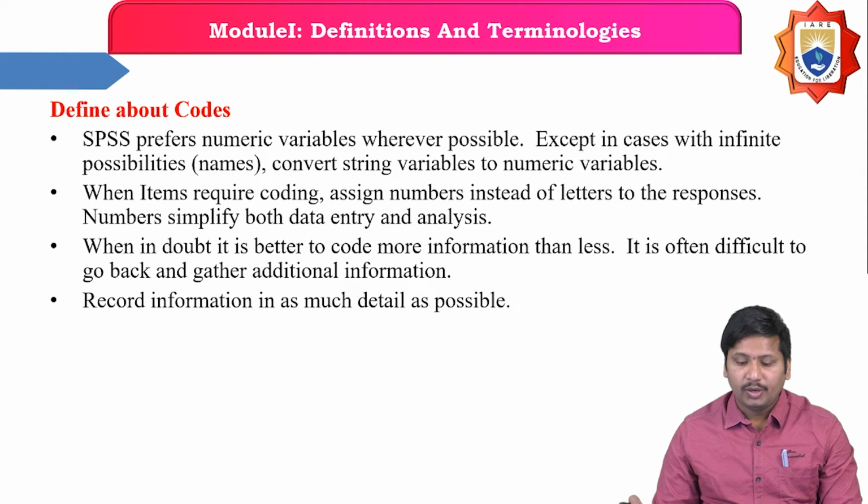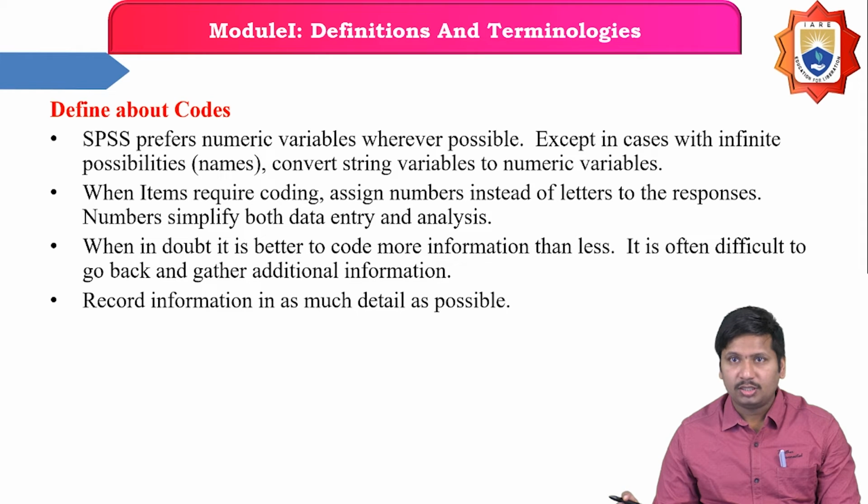When the items require coding, assign numbers instead of letters to the responses, and these numbers can simplify data entry and analysis. Recorded information should also be provided in as much detail as possible, and wherever there is doubt, it is better to code more information than less. So that is the information about the codes.